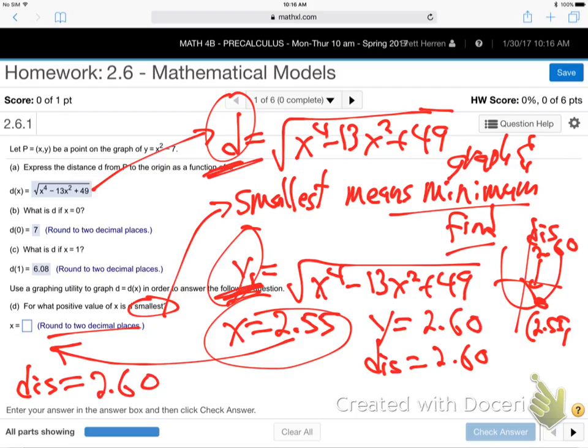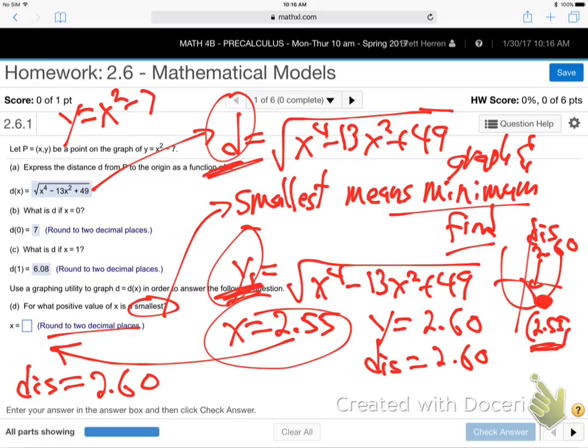Well, then how do you find the y coordinate? Because sometimes they'll ask you that, too. Plug in the x. Just take that 2.55 and plug it in. Where? To the original equation, y equals x squared minus 7. Because that's the relationship between x and y values on the curve.